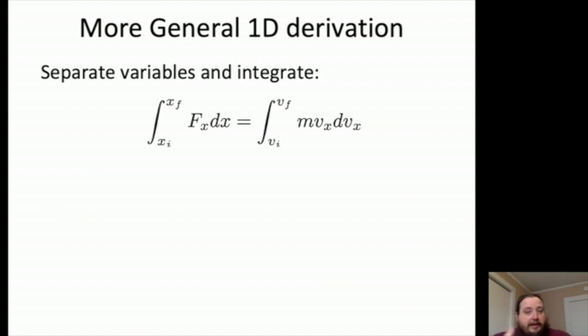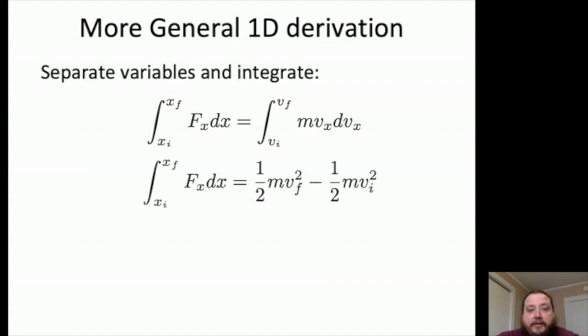And we can do that separation of variables thing we did before, so we move all the velocity-dependent terms to the right and all the position-dependent terms to the left, and we integrate between initial and final position and initial and final velocity. The integral on the right is relatively easy to solve. It's just a power law.